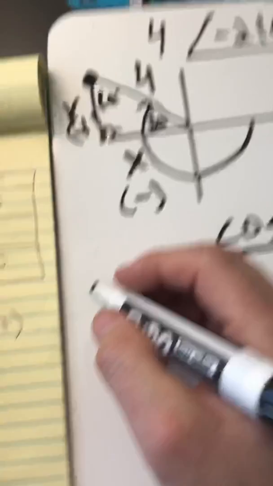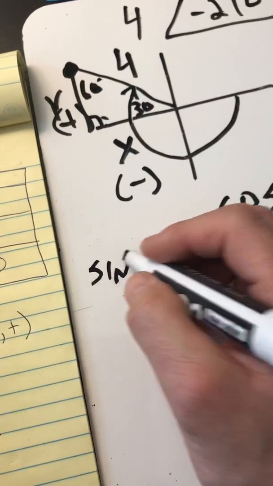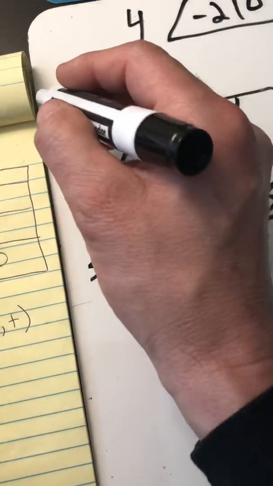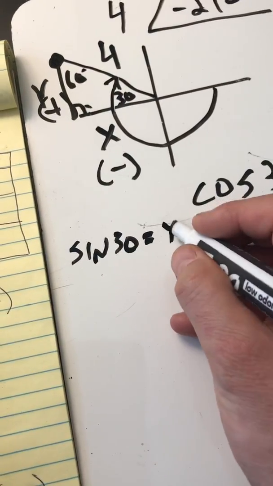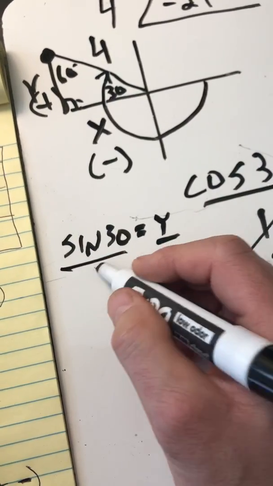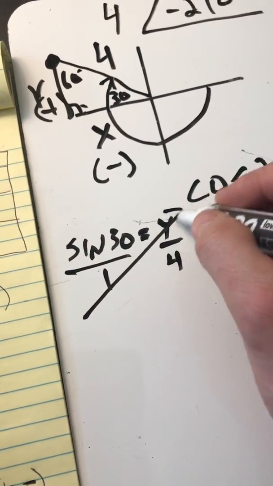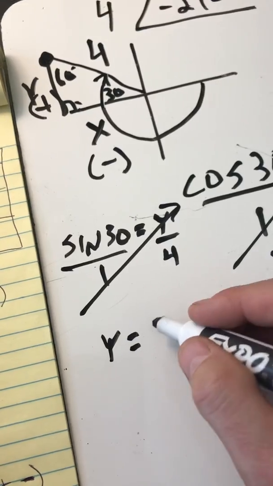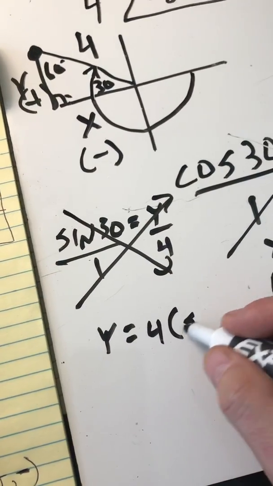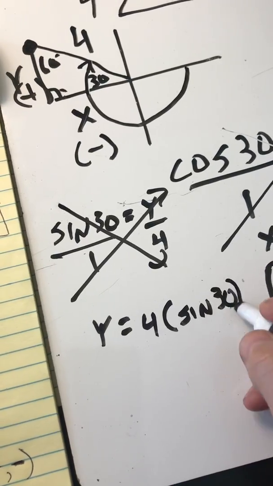For your y value, you're going to use sine of 30 degrees. That equals the opposite, which is y, over the hypotenuse, which is 4. Put sine of 30 over 1, cross multiply. Y equals 4 times the sine of 30.